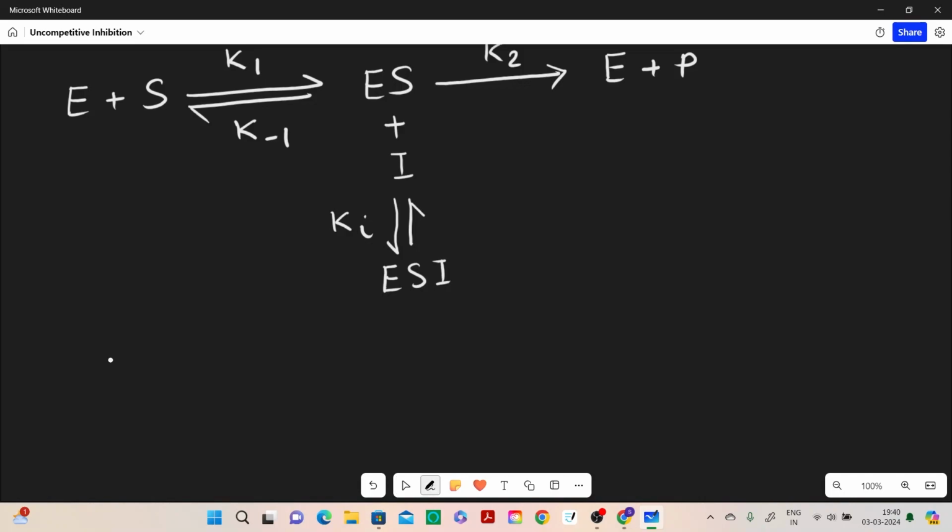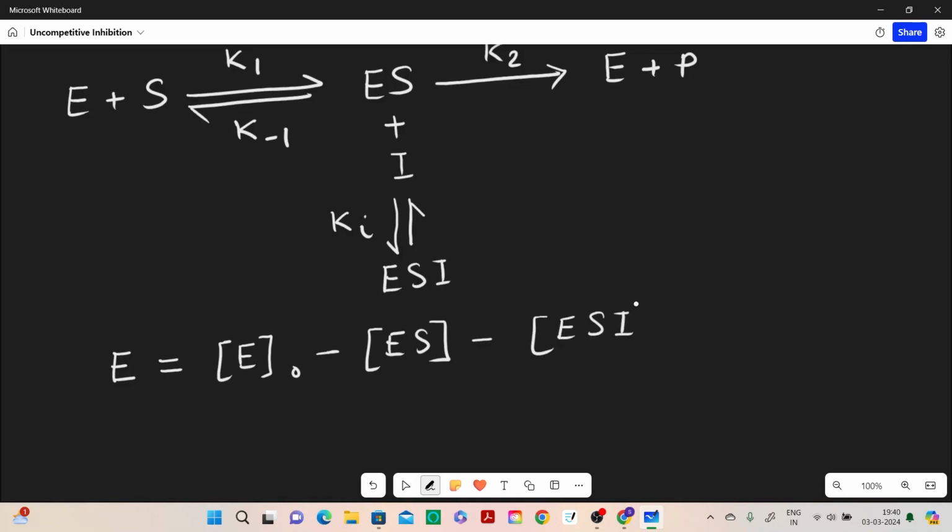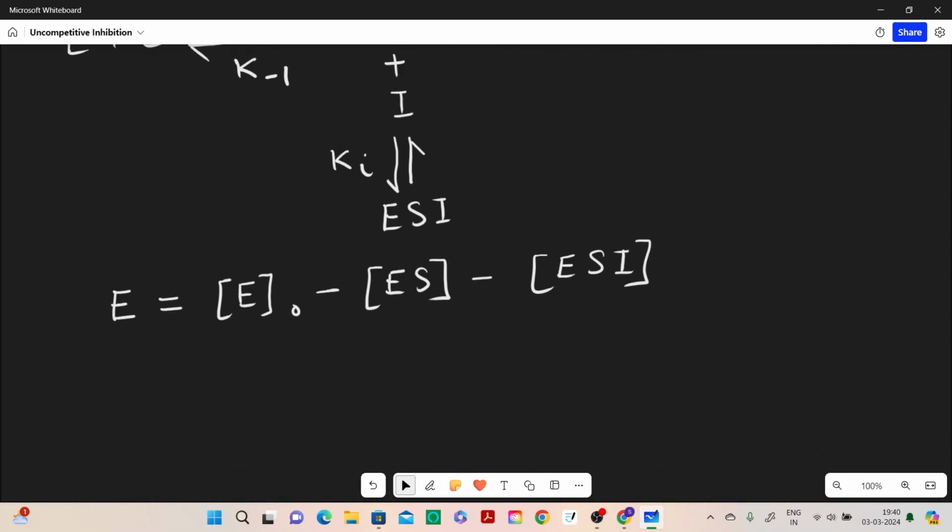So we can write down the amount of free enzyme is the total amount of enzyme initially present in the reaction mixture minus the amount of enzyme which has bound to the substrate and formed the enzyme substrate complex minus the amount of enzyme which has bound to the substrate and then further been bound to the inhibitor, forming the enzyme substrate inhibitor complex.